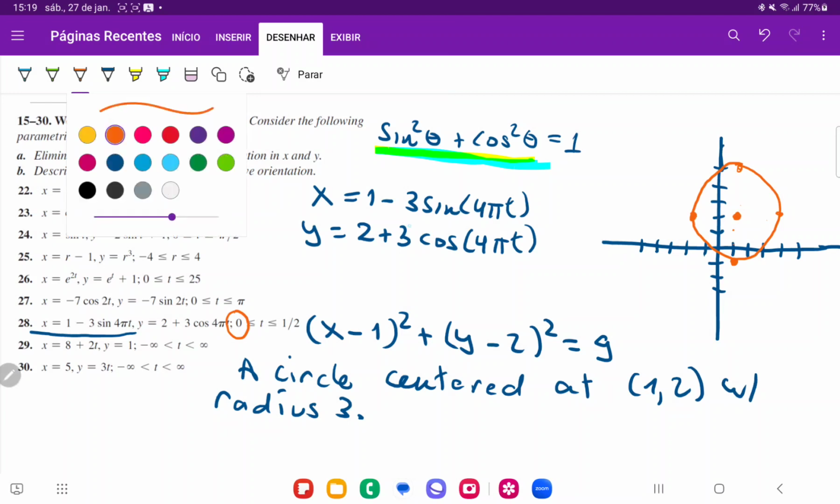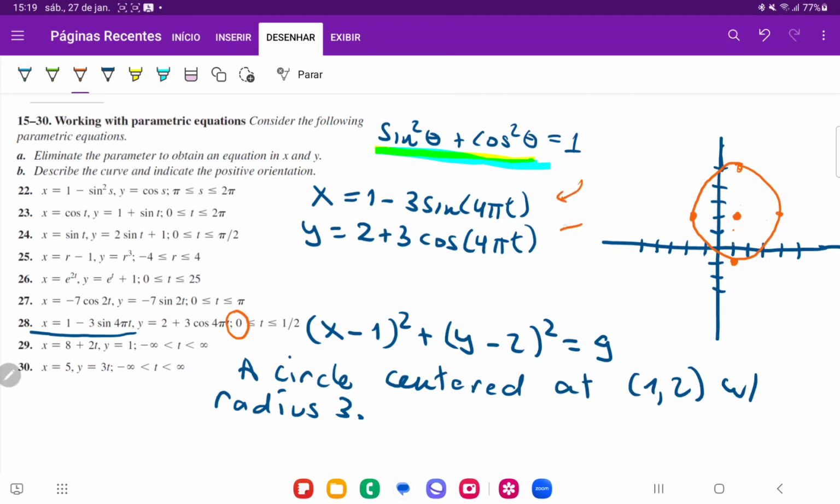So let's plug in t equal to 0 into these equations. When t is equal to 0, x is going to be 1 minus 3 times sine of 4 pi times 0. So that's going to be sine of 0, and sine of 0 is just 0. So 1 minus 3 times 0.